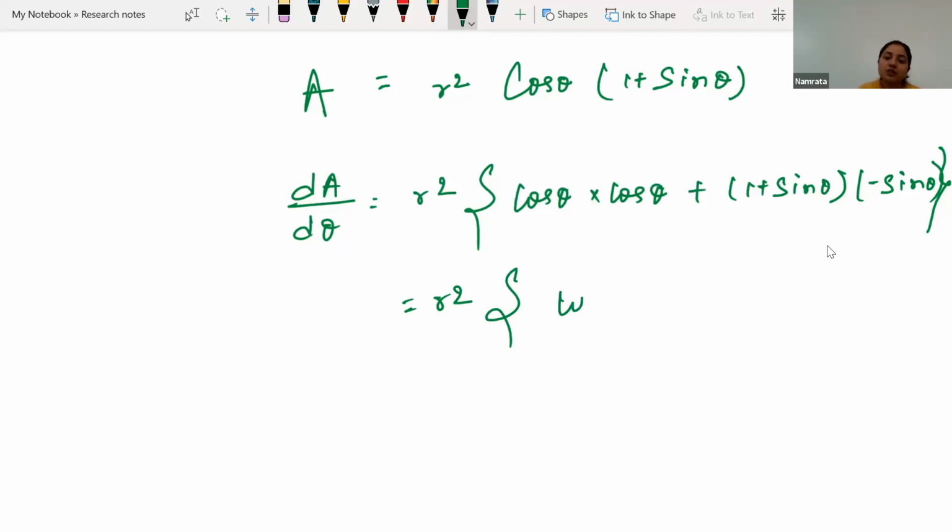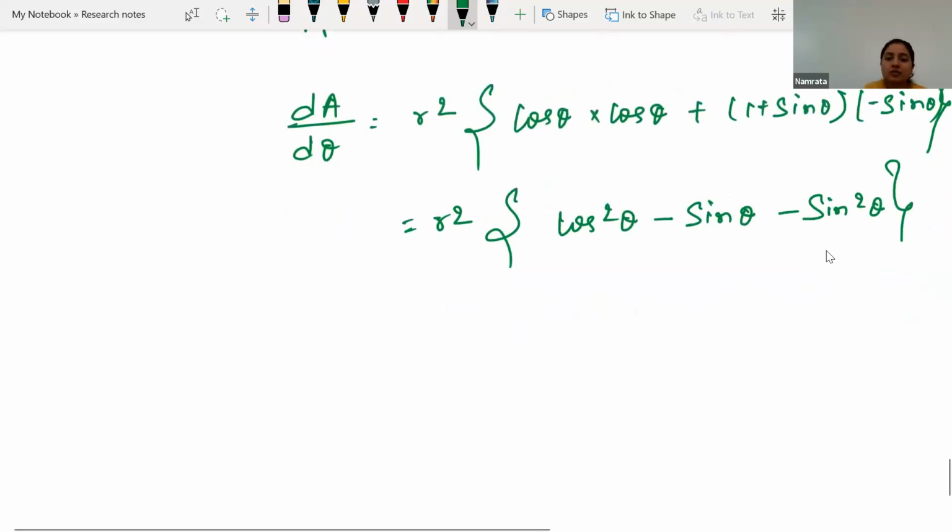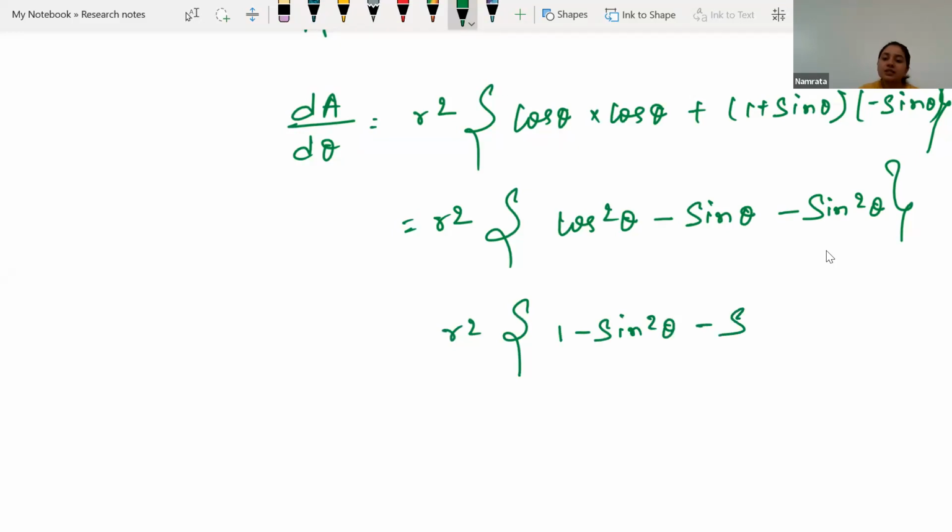We'll have cos square theta, minus sine theta, and minus sine square theta. Now if we write this cos square theta as 1 minus sine square theta, let's see what we get: 1 minus sine square theta, minus sine theta, minus again sine square theta.